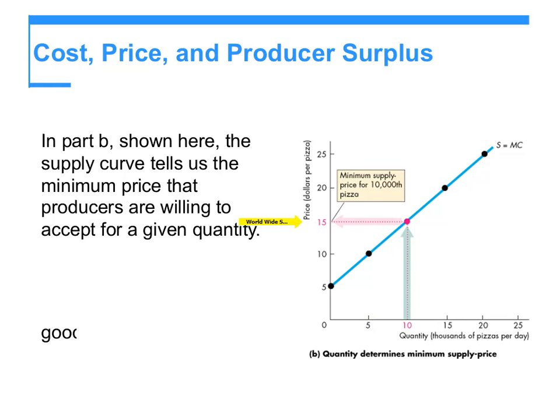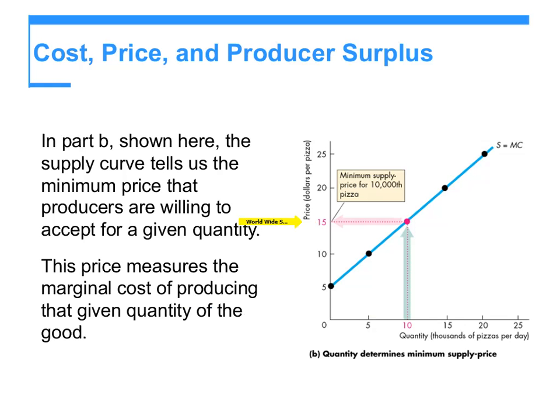The price measures the marginal cost of producing that given quantity of the good. Just as the price of a good shows the marginal benefit of buying another product, here the price shows for supply the marginal cost of producing the given quantity of the good. So they are equivalent.